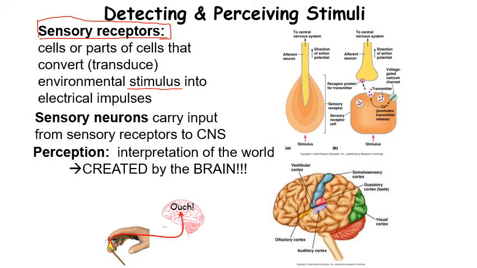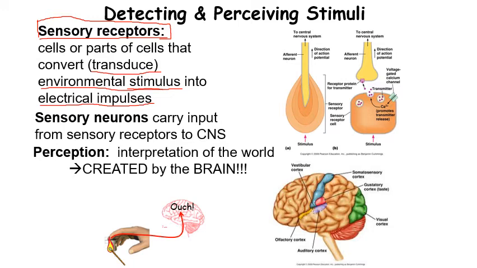So what the sensory receptor's function is to do is to transduce. Transduction means taking whatever stimulus, in this case photo energy for vision, and turning it into a nervous impulse or electrical impulse. So that's the job of the receptor.